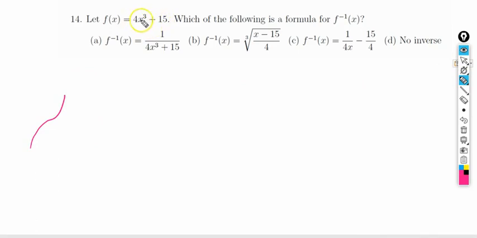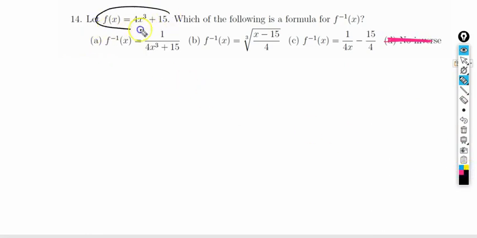Then you stretch it by 4, it's still one-to-one, and then move it vertically 15, it's still one-to-one. So it will have an inverse.